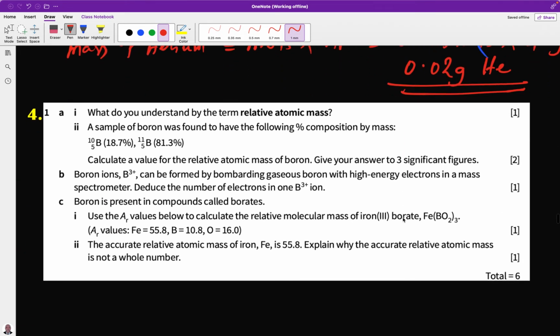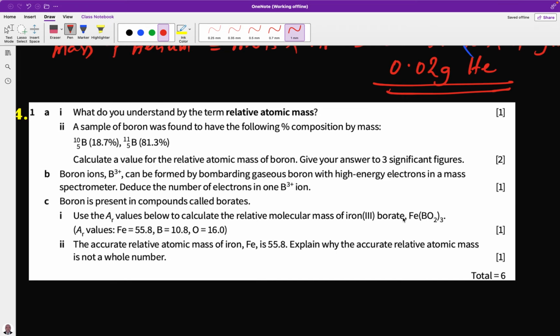Question number 4 has to do with relative atomic mass. I told you that the relative atomic mass of an element, we did it in most of our papers.